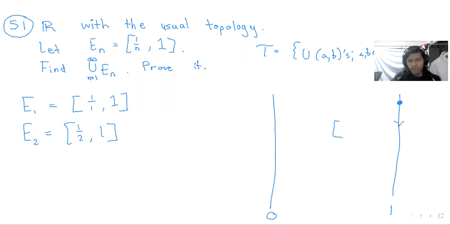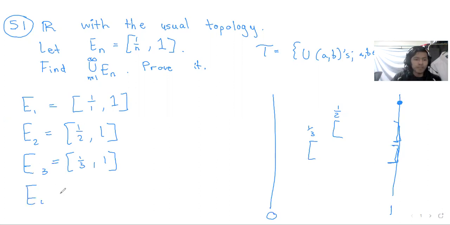E3 will be 1/3 to 1. And E4 will be 1 over 4 to 1.